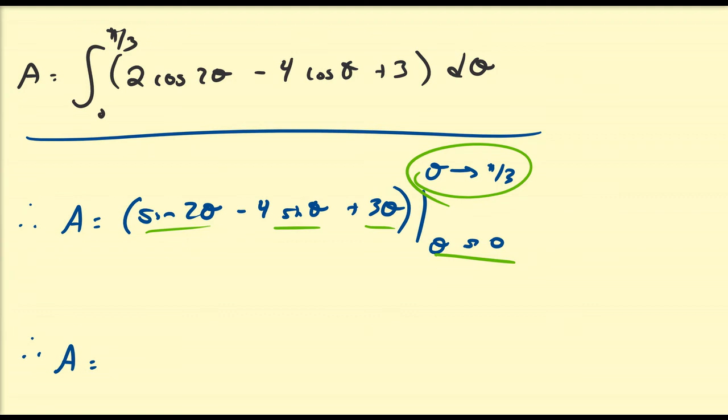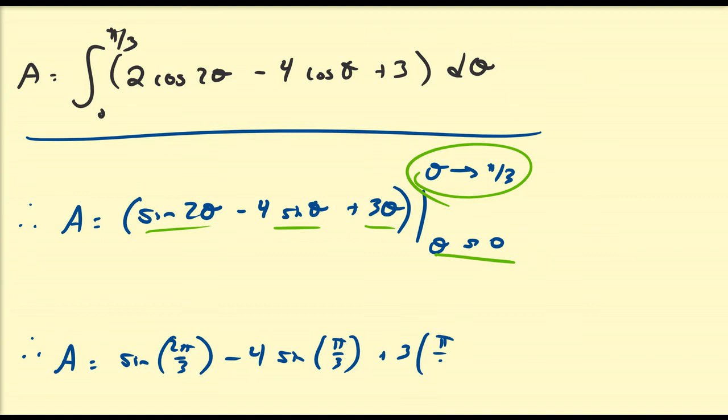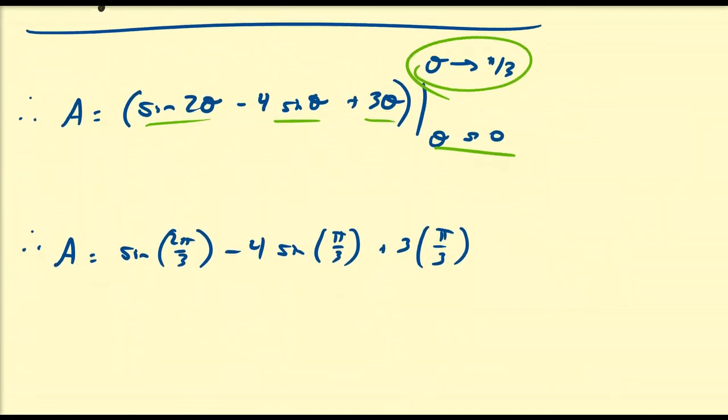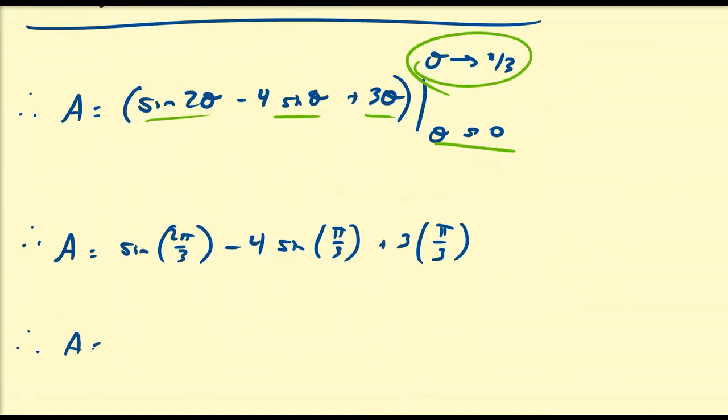So I have A equal to sine of 2 pi over 3 minus 4 sine of pi over 3 plus 3 pi over 3. Sine of 2 pi over 3, we should know from our unit circle, is square root of 3 over 2. And sine of pi over 3 is also square root of 3 over 2, plus pi.